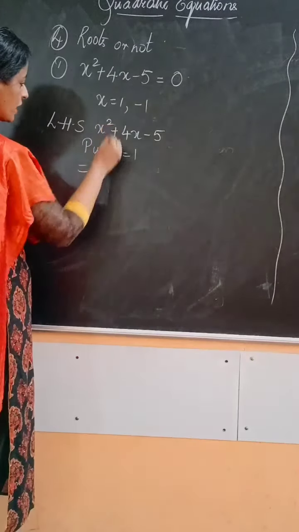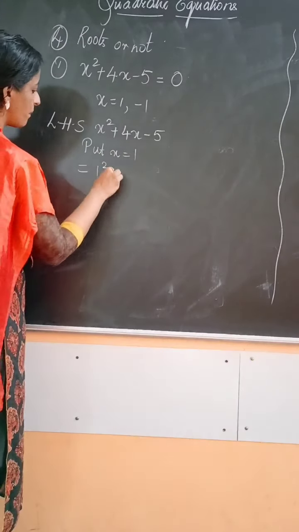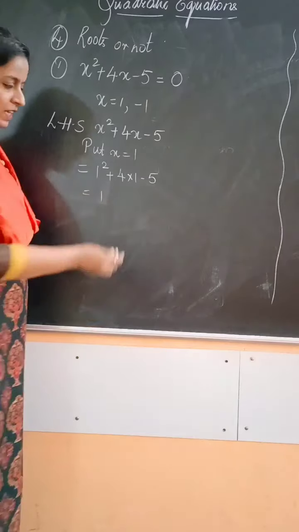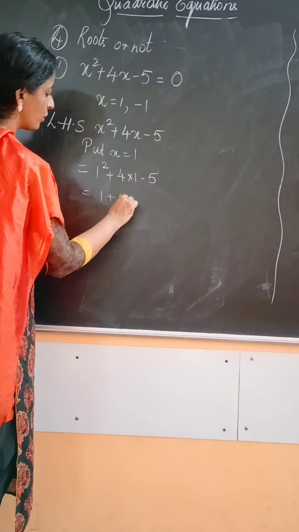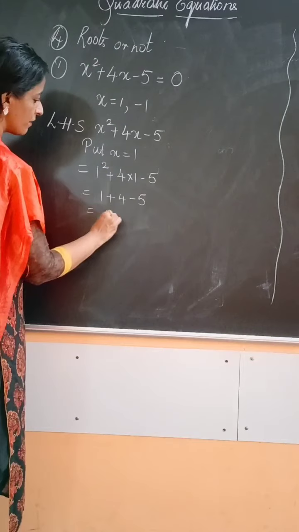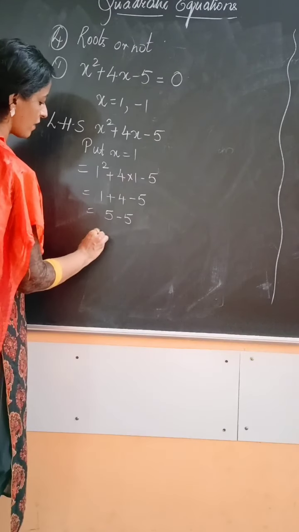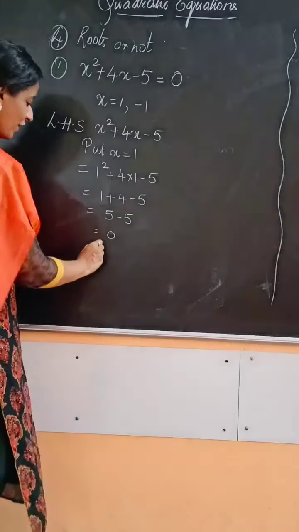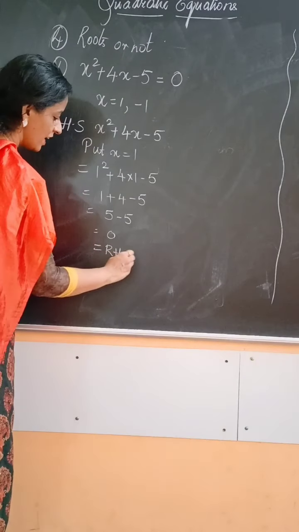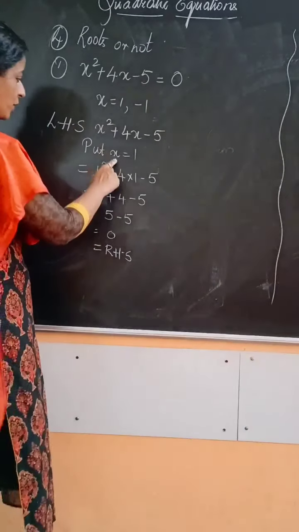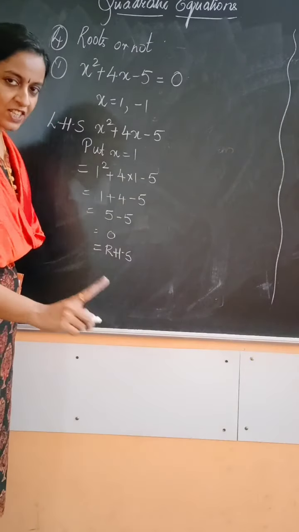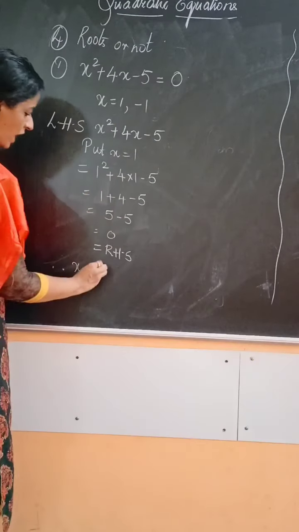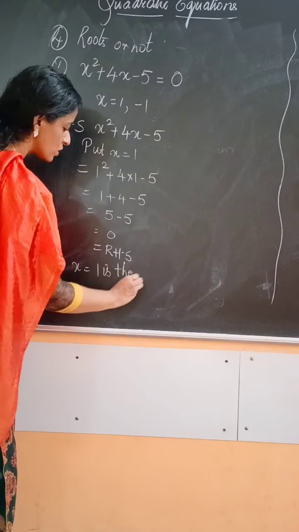So this will be 1 square plus 4 into 1 minus 5. 1 square is 1, plus 4 ones are 4, minus 5. This will be 5 minus 5, 0. Are you getting the same as RHS? Yes. So equal to RHS. If you put the value and you are getting the same as RHS, then therefore x is equal to 1 is the solution.